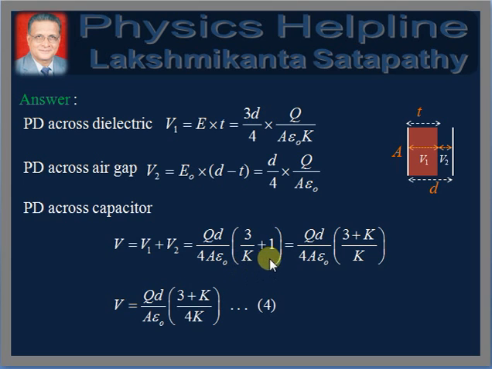Now, we'll take K as the common denominator, which will give us V is equal to QD by 4A epsilon 0 into 3 plus K divided by K. Now we'll take the 4 into the bracket. That will give us V is equal to QD by A epsilon 0 into 3 plus K divided by 4K.